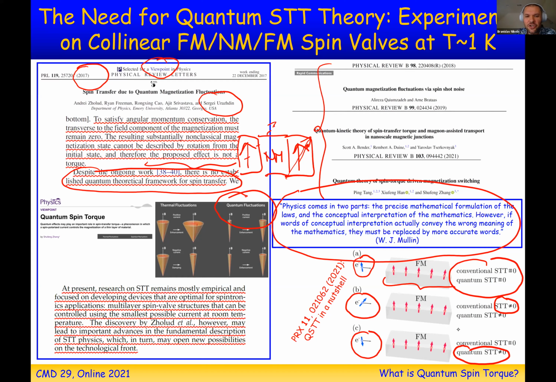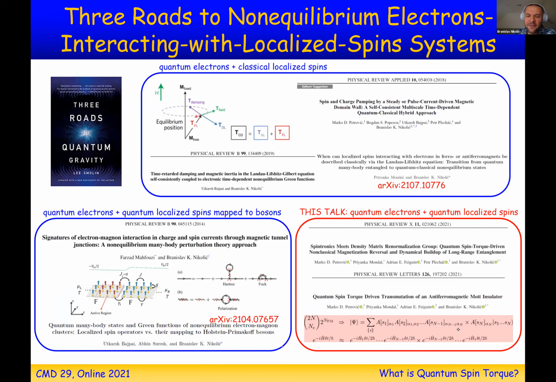And since I'm mentioning that we need to treat everything quantum mechanically, let me give you my overview of different formalisms that we and other people have been developing, paraphrasing the string theory guys who say they have 3 roads to quantum gravity. So in the field of electrons interacting with localized spins, which is a quintessential problem for anything spintronics, magnonics, and applications, what you need to develop is a theoretical or computational approach to electrons interacting with localized spins.